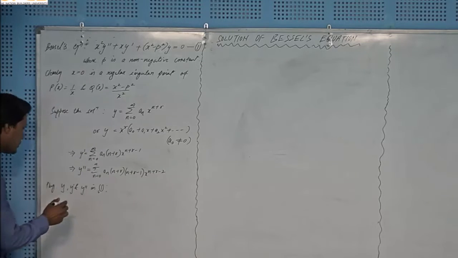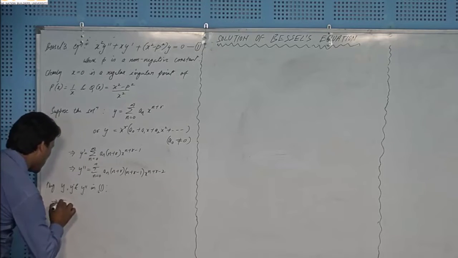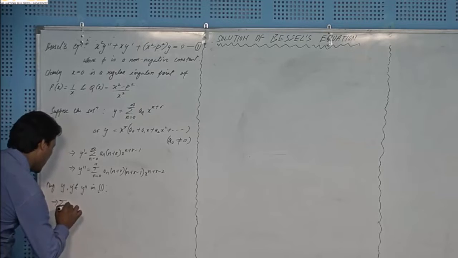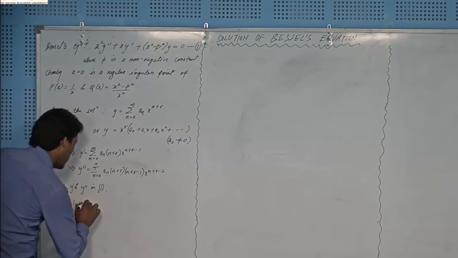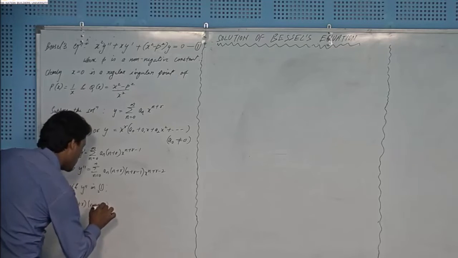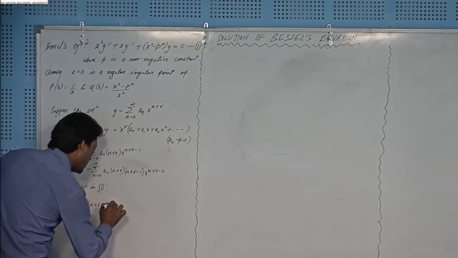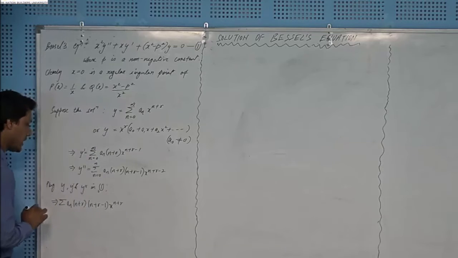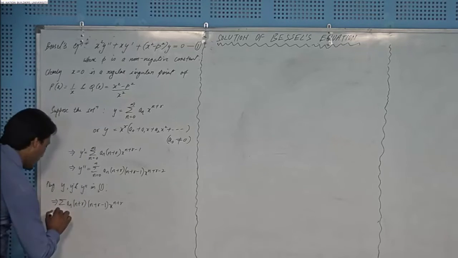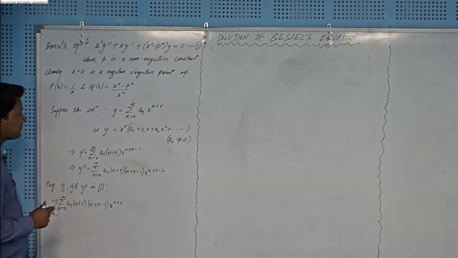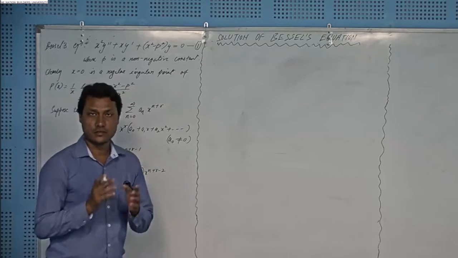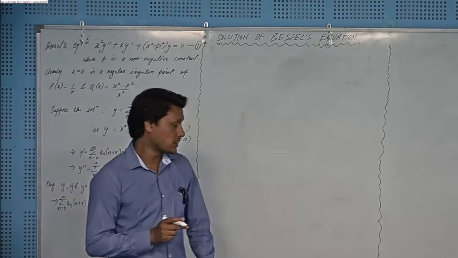So it will be summation a_n (n plus r)(n plus r minus 1) x to the power n plus r, and the range again will be unaffected. As you know, if you multiply a Frobenius series by any power of x, the range is again unaffected, right?